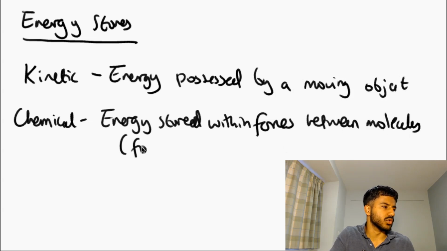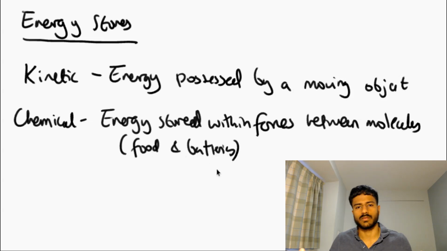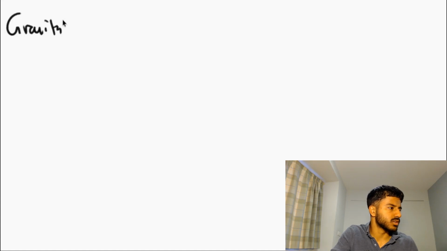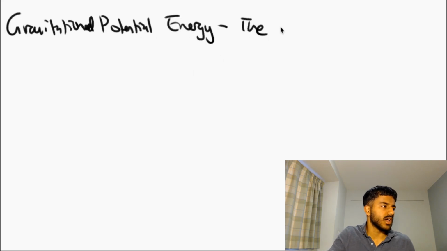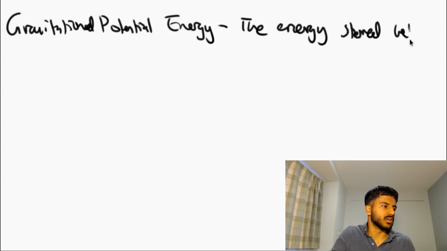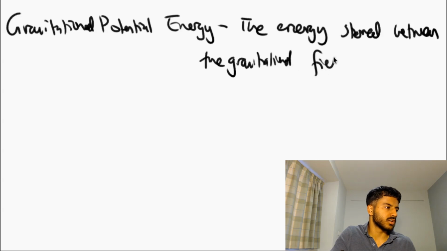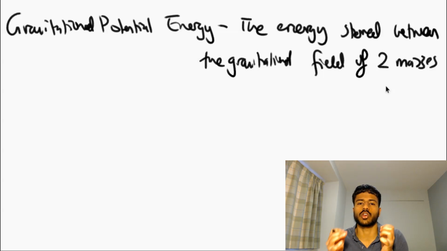And you find this in food and, let's say, batteries, etc. There's something called gravitational potential energy. This is the energy stored between the gravitational field of two masses.